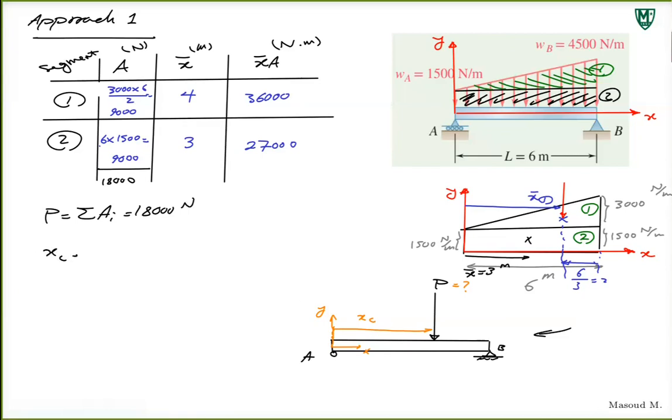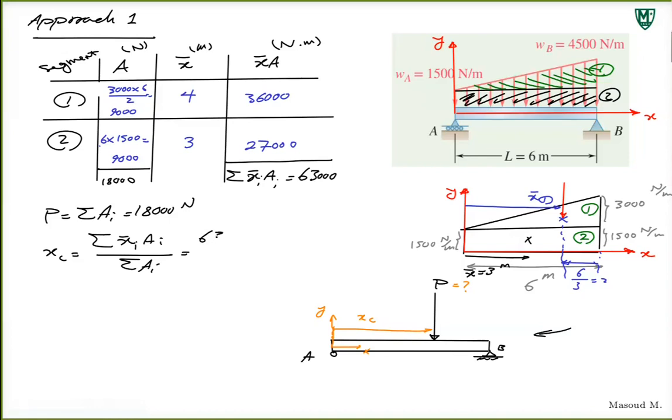Where it's located is the sum of x bar i A i over the sum of areas, right? That would be the sum of these two, x bar i A i, would be 36,000 plus 27,000, 63,000, right? 63,000.